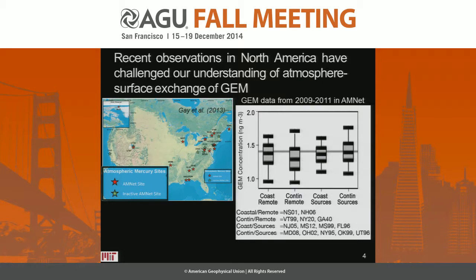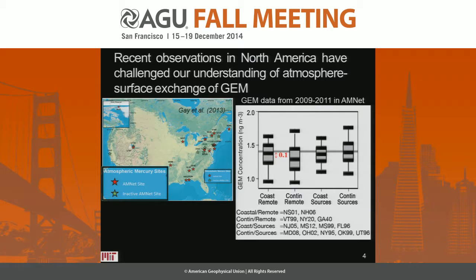However, recent observations in North America have challenged such understanding. The Atmospheric Mercury Network, called AMNet, was established in 2009, and involves dozens of surface sites measuring GEM concentrations. David Gay et al. summarized GEM data from 2009 to 2011 in AMNet, and they combined these surface sites into several groups based on their locations.